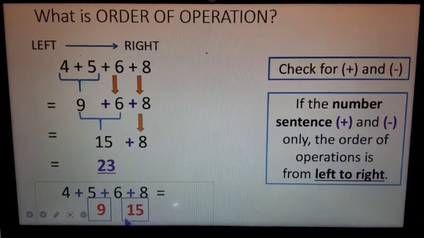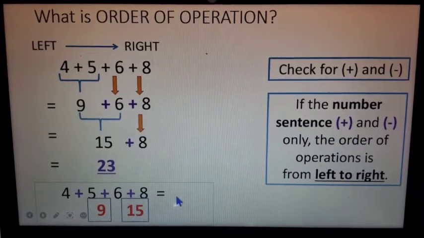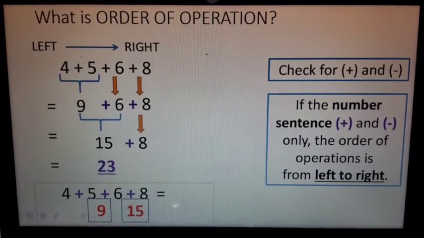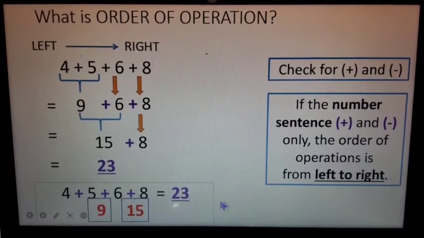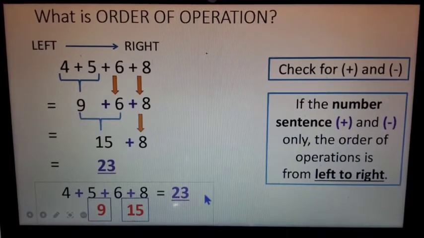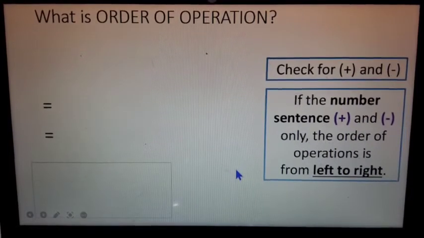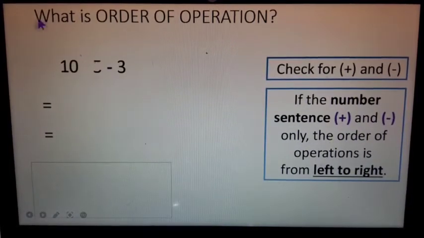So I put it below here. And then from the 15 tadi, 15 plus 8 is equal to, yes, 23. It's the same way. Asalkan lihat dulu number sentence-nya ada plus atau minus di dalamnya, so you can start dari kiri ke kanan, selesaikan. Alright? Oh, now, how about the next question here?